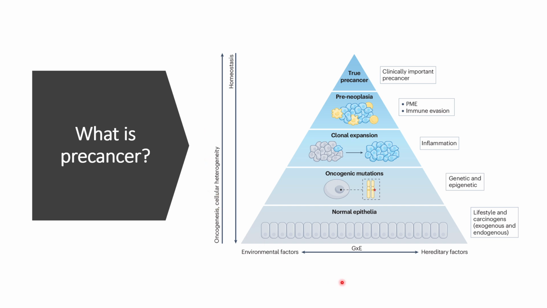So how this precancer state gets affected is shown in this triangle plot, where we can see the normal epithelia, where there are no mutated tissues or cells present. Thereafter, because of bad lifestyles, some mutations might occur in these epithelia, and these oncogenic mutations will lead to epigenetic changes.